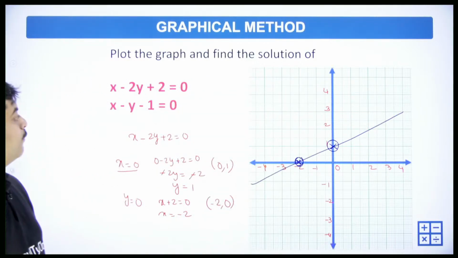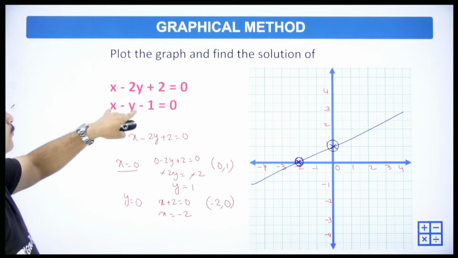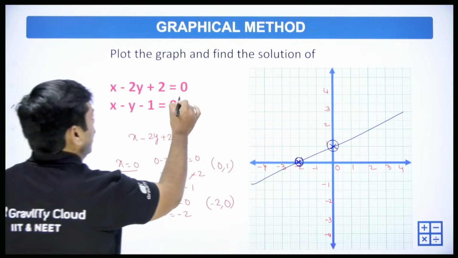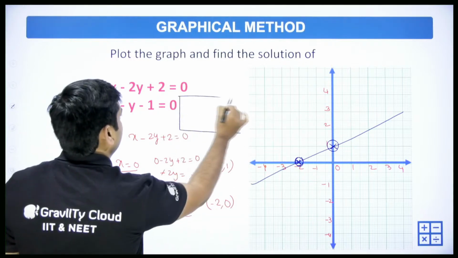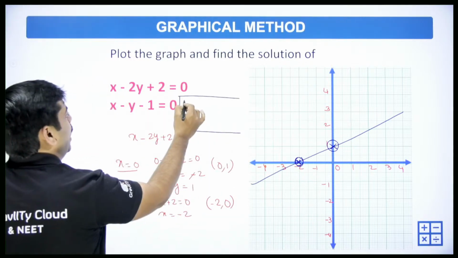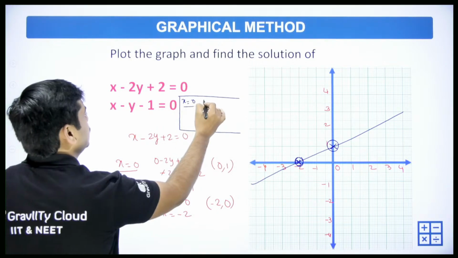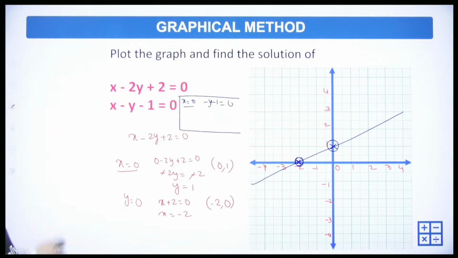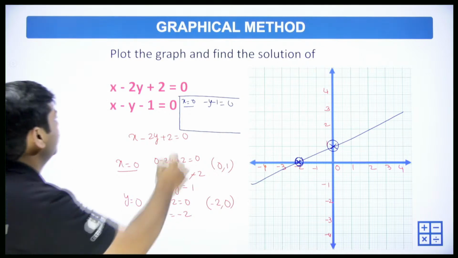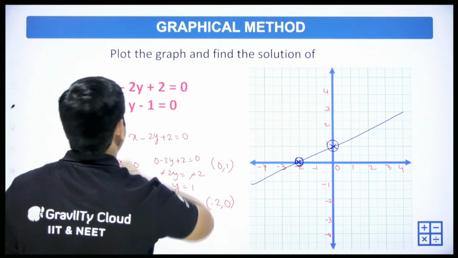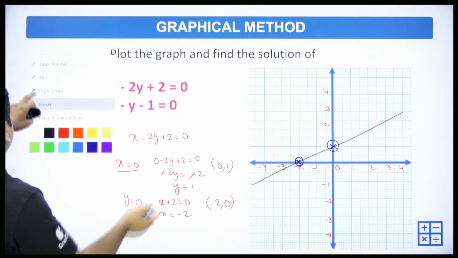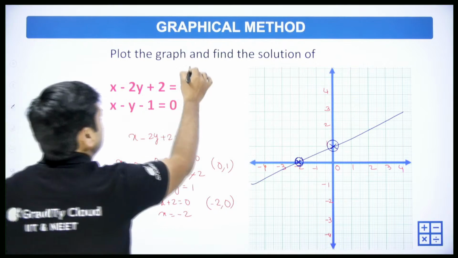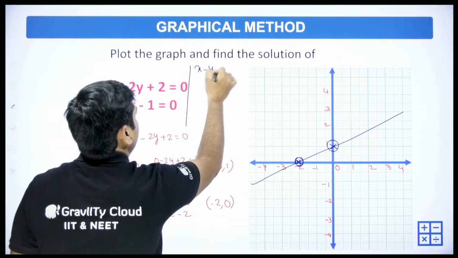The next one we're going to discuss is the next equation, x minus y minus 1 equal to 0.